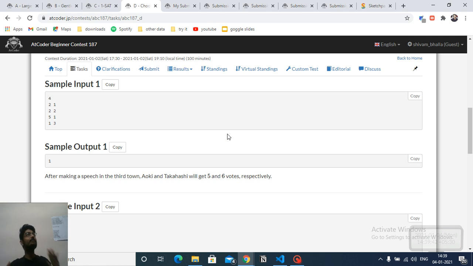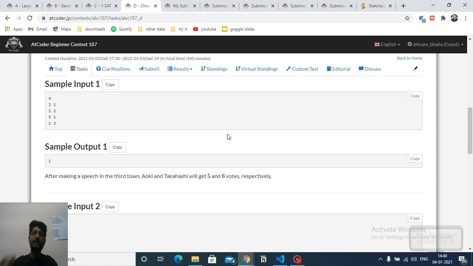Let's assume that initially Aoki has 50 people giving votes and Takahashi is also getting 50 votes. If Takahashi gives a speech in that city, the total votes for Takahashi will increase not only by 50, which is his own vote, but by the number of Aoki's votes as well, and Aoki's original votes decrease by 50.